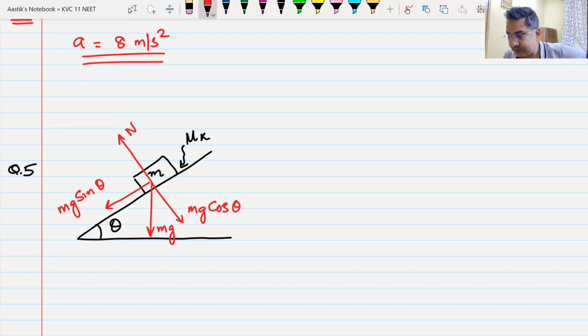Hey, it's a simple question. Will someone oppose this motion or no? It's supposed to go down. Will someone try to stop it?